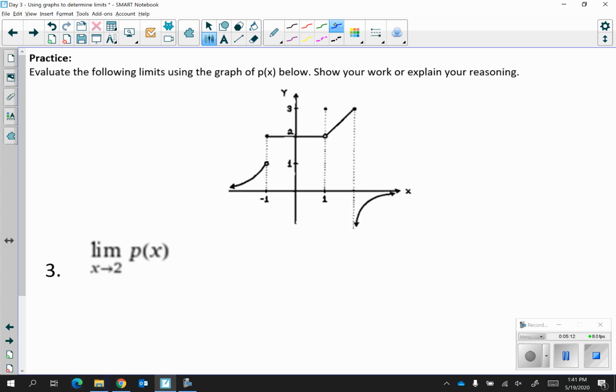Now, another example is when you're approaching x equals 2. So the limit as x approaches 2 of p of x, we're coming from the negatives, and we're also going to want to come from the positives, the right-hand side.